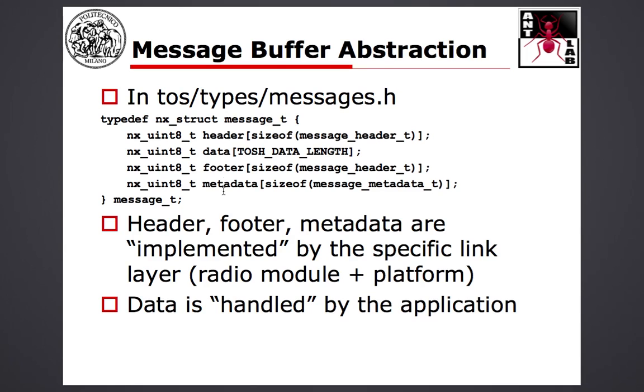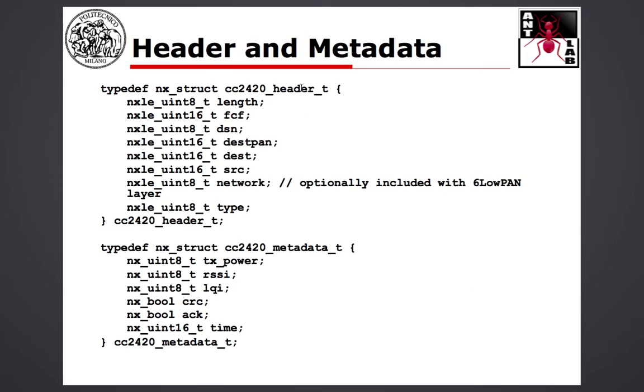Now, if you wonder what's inside header, footer, and metadata, for example, in the header we have the 802.15.4 header, which you should have seen during the lectures with Professor Cesana, right? Have you seen it already? Yes or no? Okay, so you know that in the header you have the source address, the destination address, the frame control field, and so on. All these fields are contained in the header.